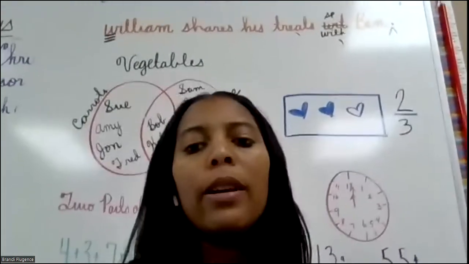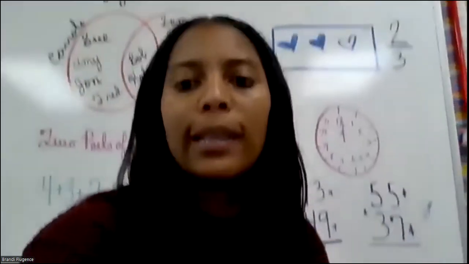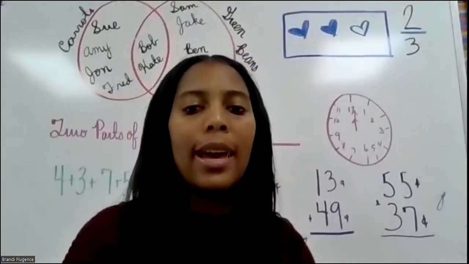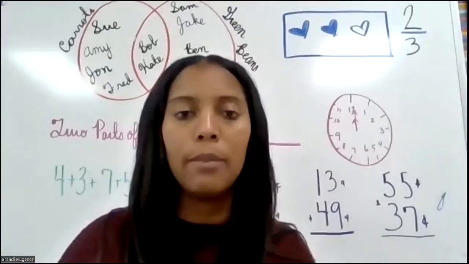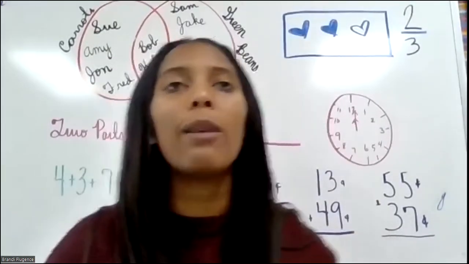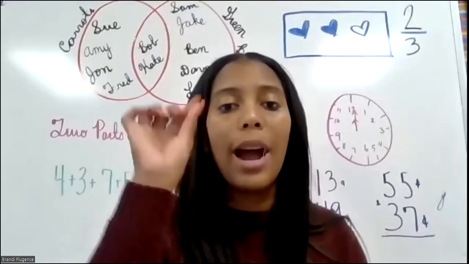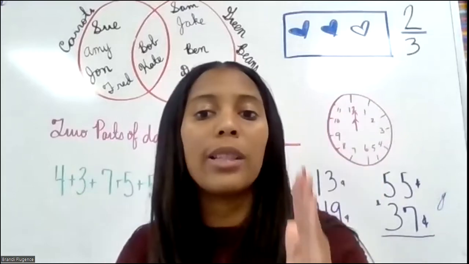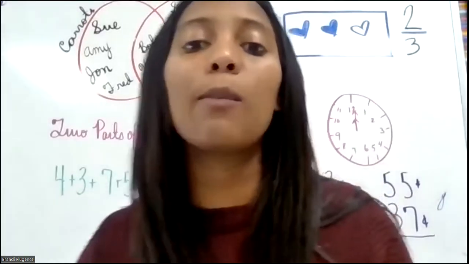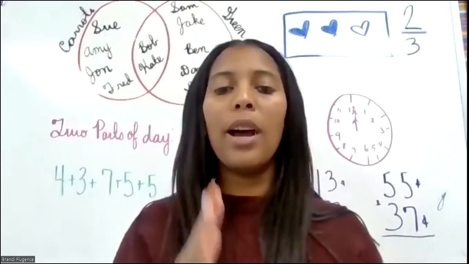All right, so remember we've learned how to tell time before, telling time, reading time. And we know that every time the hour hand is on 12, it's a brand new hour. So on our clock, we have a total of 24 hours in a full day. The day is split into two parts by the 12.